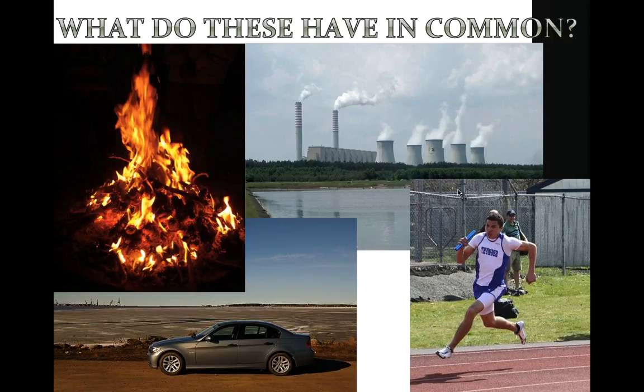Oxygen, wood probably, or something flammable. What would the third one be? So the third one is an initial energy source. Oh, okay. So you need oxygen, which is the universal oxidation material.